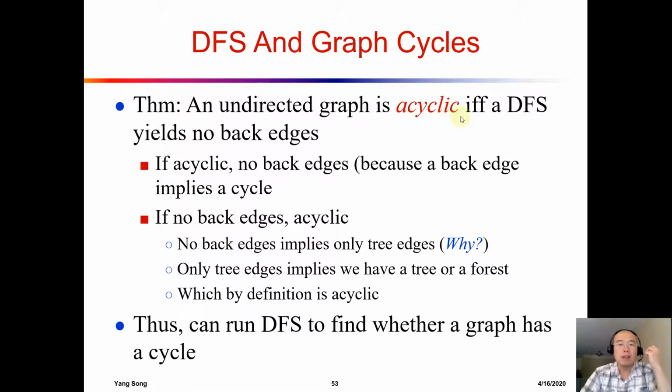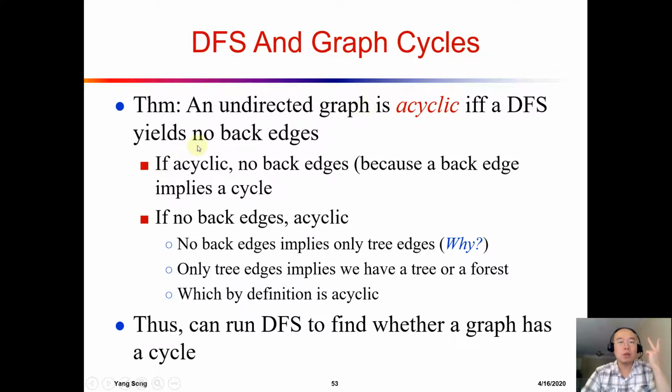And it is if and only if the DFS says all the edges are tree edges. There are no black edges. And of course, because we are doing the DFS on an undirected graph, there won't be any cross edges. There won't be any forward edges.